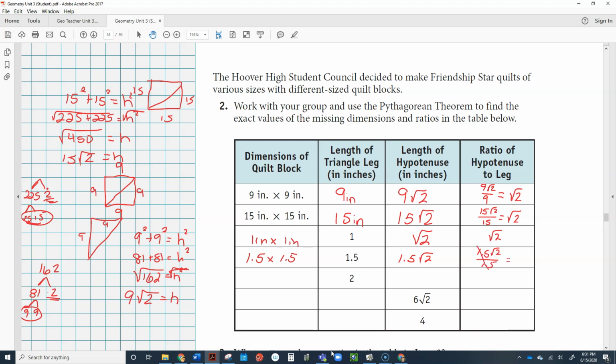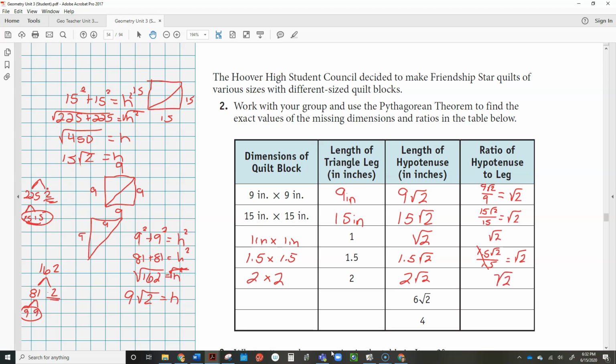Those will cancel out, leaving me a square root of 2. There's a pattern going on here. It's a 2 by 2 square. The legs of the triangles are both 2. The hypotenuse is 2 square roots of 2. And the ratio of the hypotenuse to the leg is going to be the square root of 2.